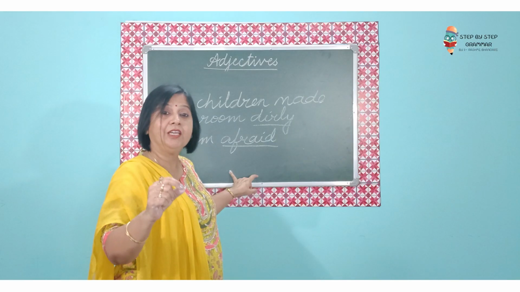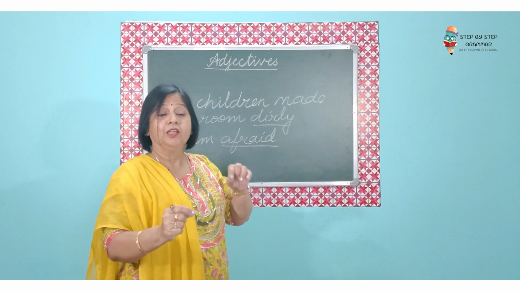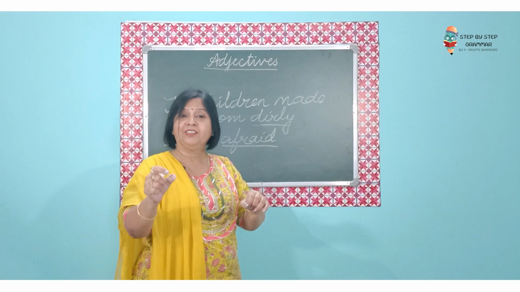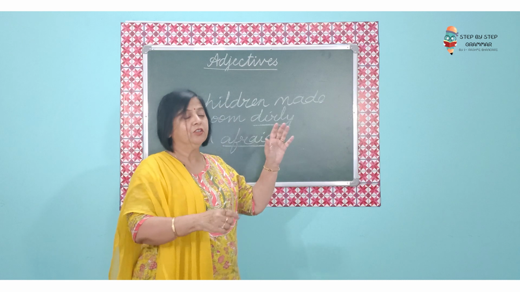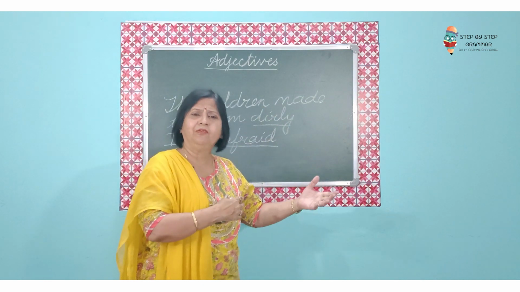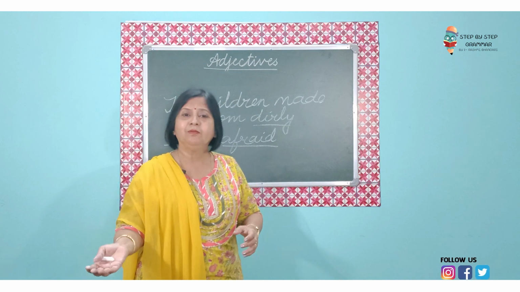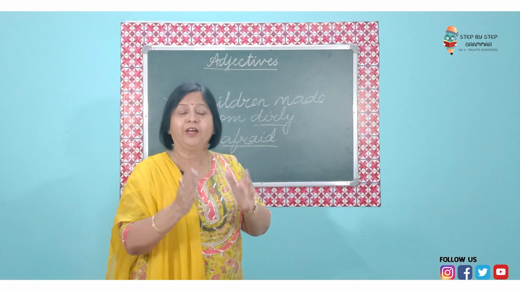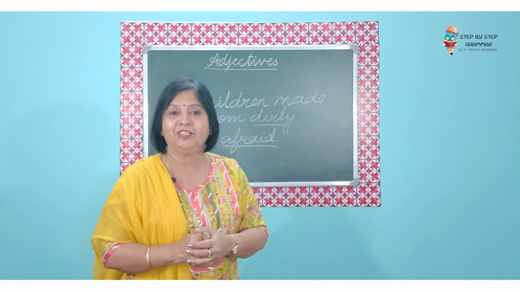After is, small. The road is dirty. Where is the adjective? After is. So these are just simple things, whether it comes before or after, or whether it comes after a verb, it doesn't make any difference. You just need to find out where the adjective is.